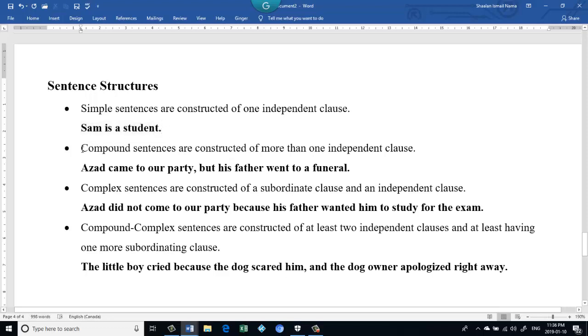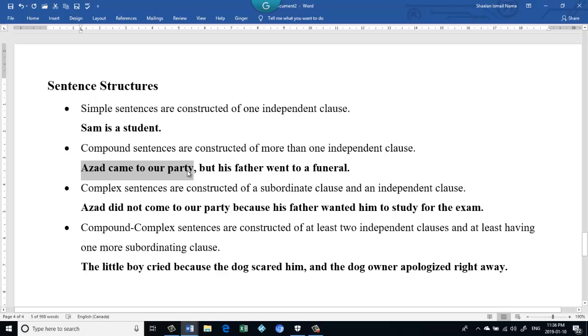Maybe we have compound sentences, which are constructed of more than one independent clause. If we look back here, this sentence is an independent sentence. But here we have more than one. For example, if you look here, Azad came to our party.